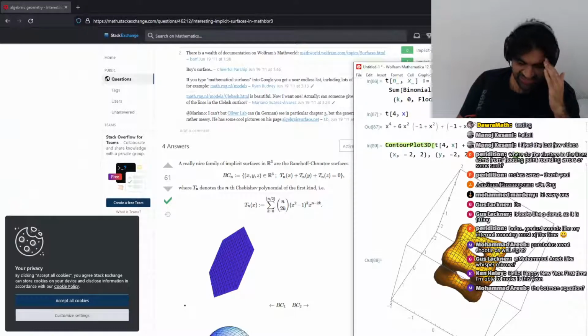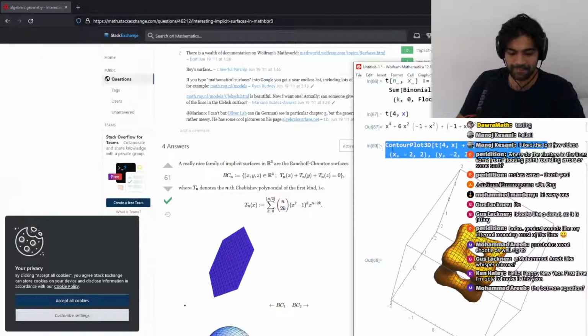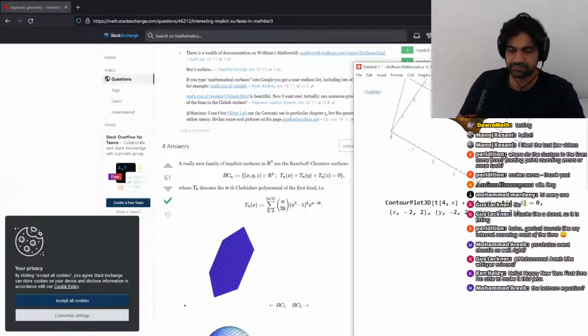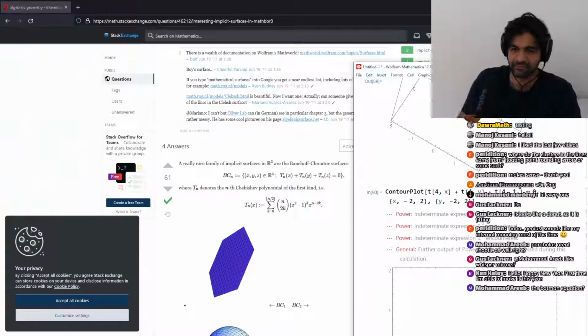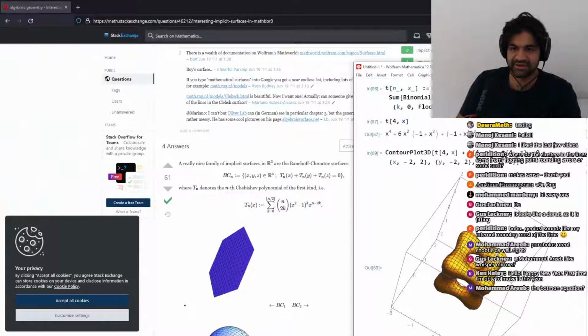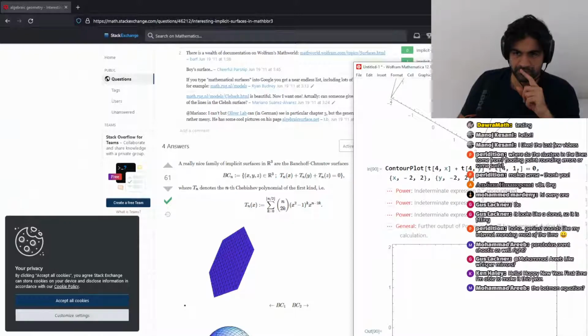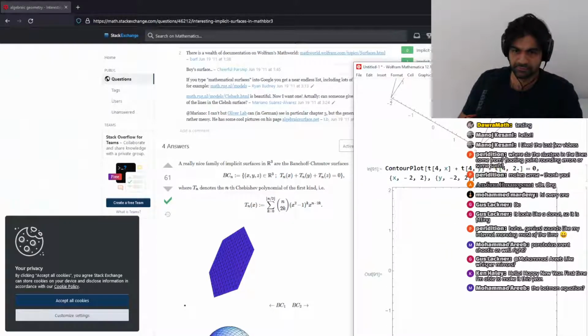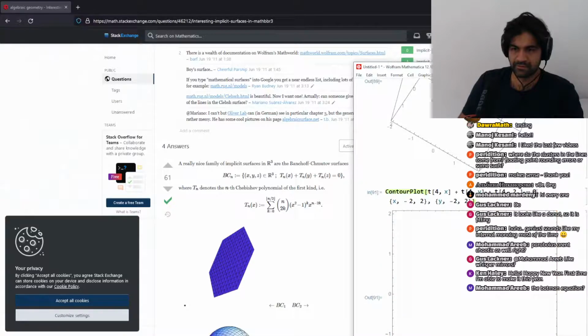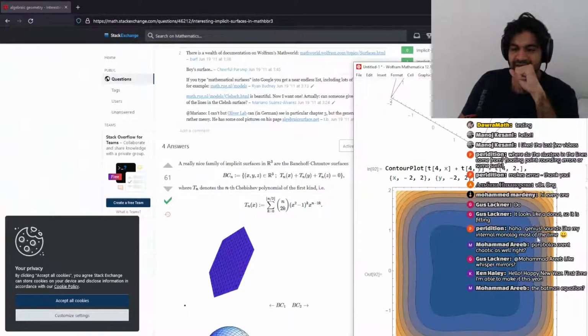to take a slice of this, we need to fix a z value. So what I'll do is maybe I'll set z to be 1. Okay, it's looking good.